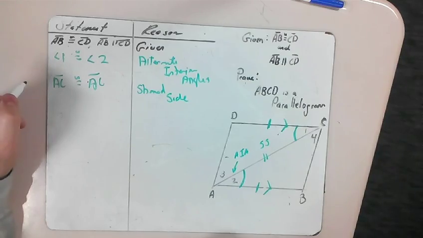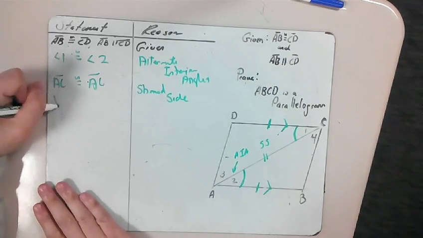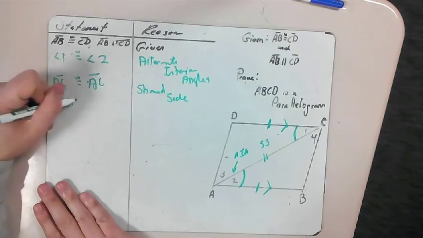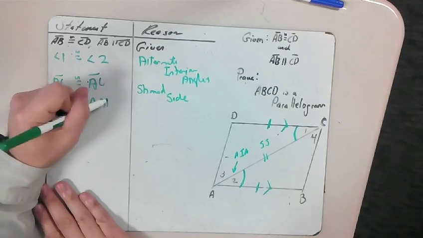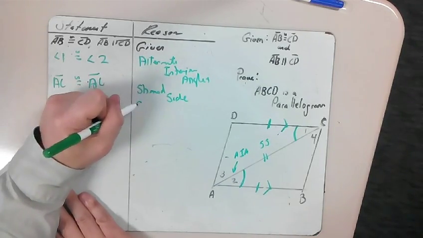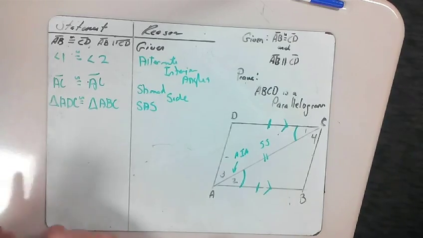And I can say that my triangles are congruent because of side, angle, side. So triangle ADC is congruent to triangle ABC because of side, angle, side. Now I got that done.